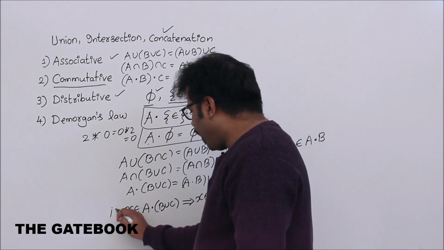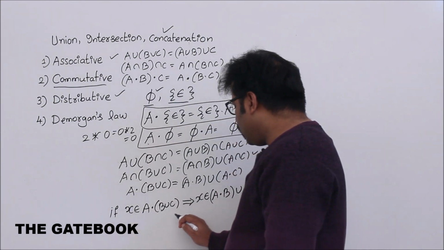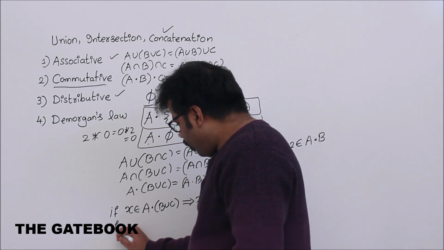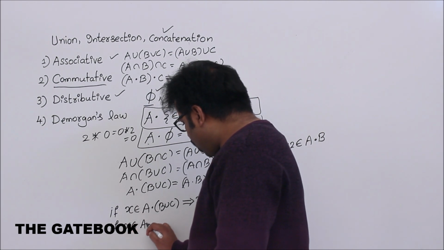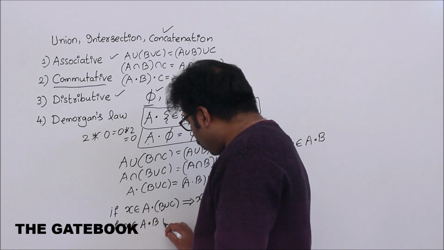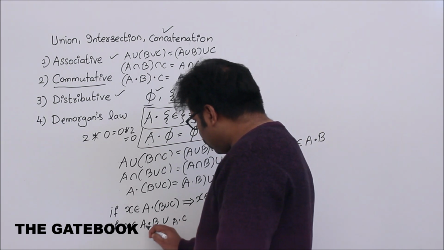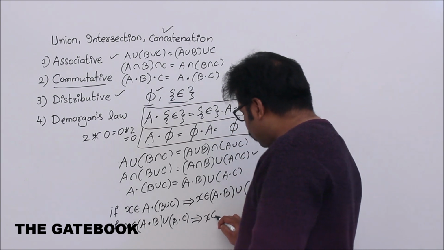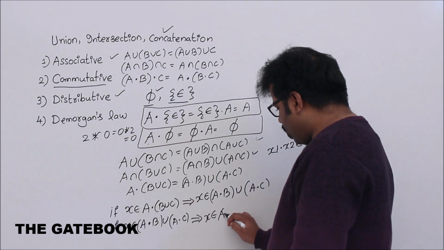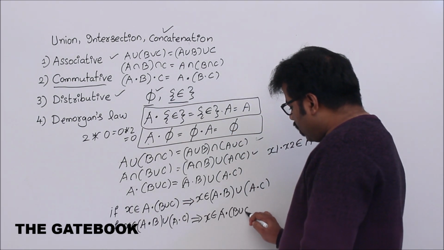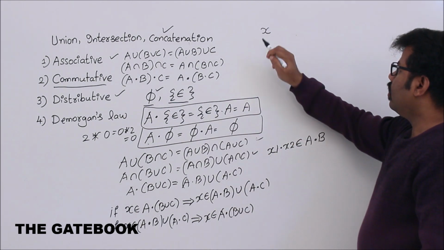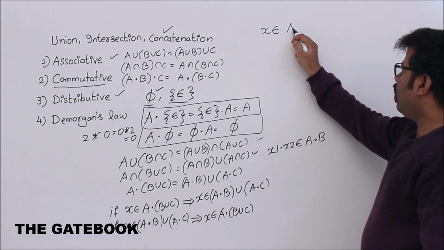Second thing, if X belongs to (A dot B) union (A dot C), then we have to prove that X belongs to the other set, A dot (B union C). Let me do that. So first we assume that X belongs to A dot (B union C).